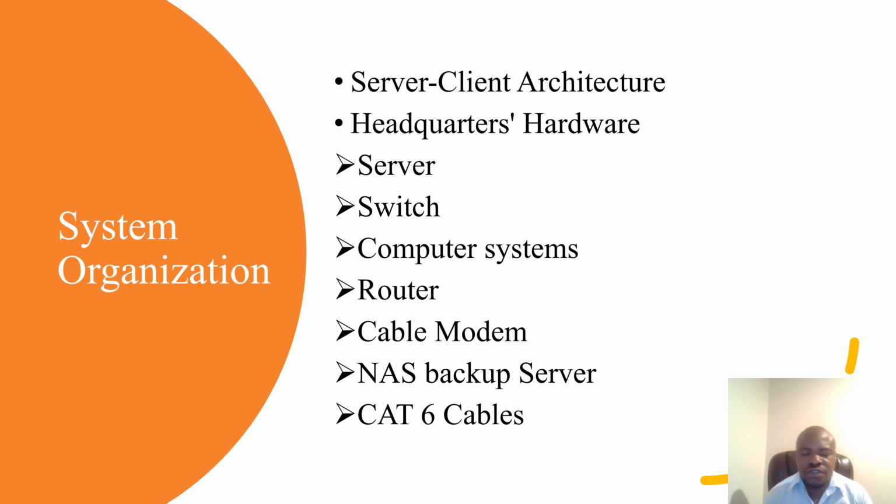For this information system, I chose the server-client architecture, or what we call a centralized information system. And there are several reasons why I chose the centralized information system over a distributed information system. One, for a centralized information system, it is easy to troubleshoot and diagnose problems.